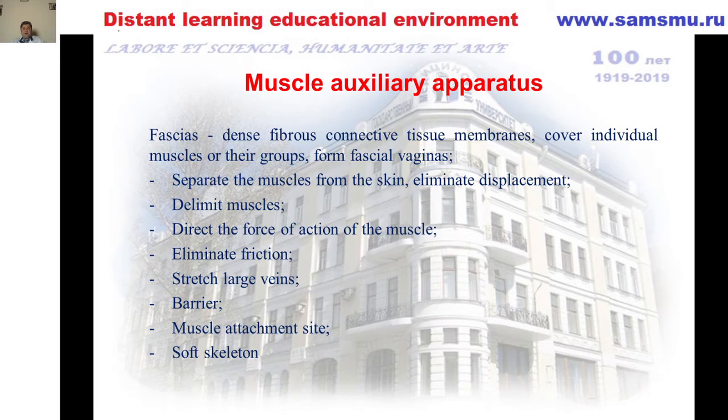Fascia contributes to muscle contraction in a certain direction, preventing its displacement to the sides. The fascia saves the force of muscle contraction by eliminating friction between the muscles during contractions. The fascia stretches large veins under tension, as a result of which blood from the periphery goes to the veins.